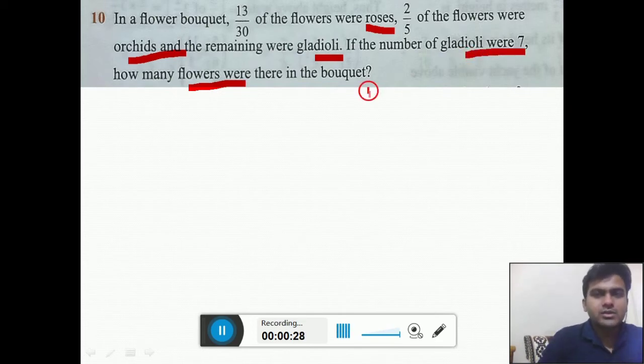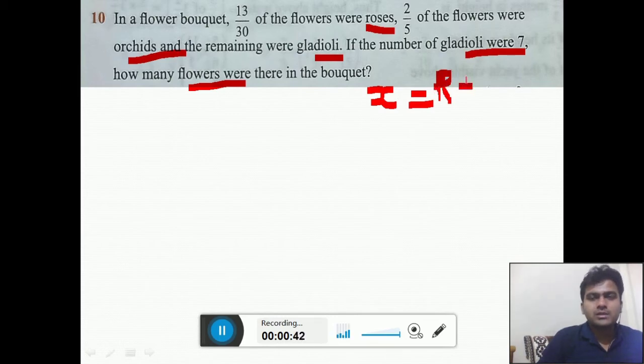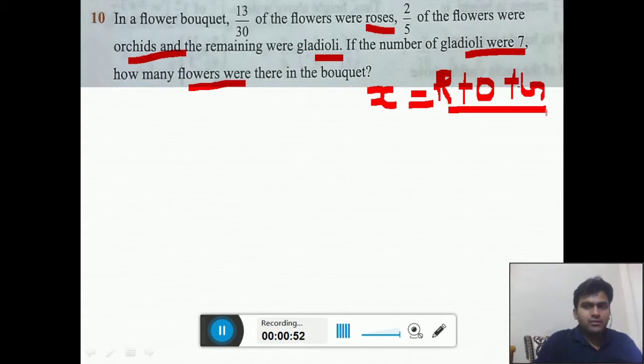So we will assume that total number of flowers were X, and in this X is equal to number of roses plus number of orchids plus number of gladioli. So in a boutique, these three kinds of flower are there.